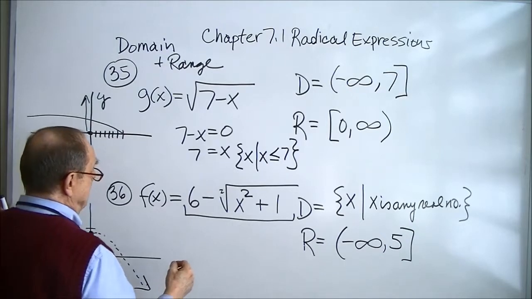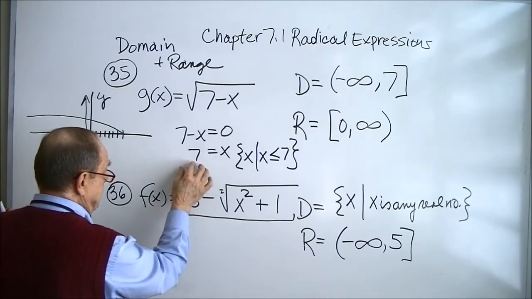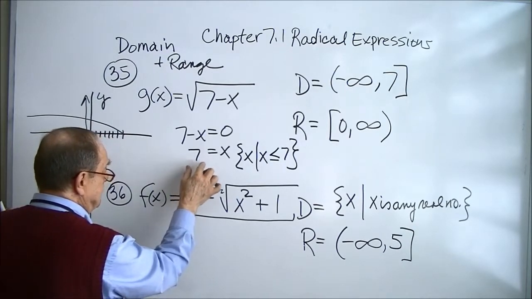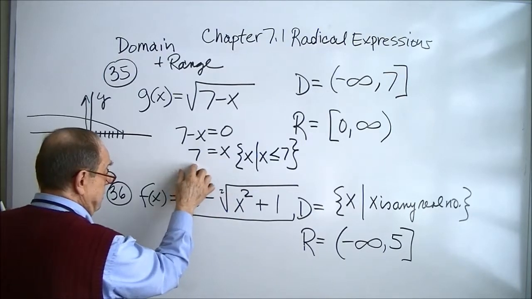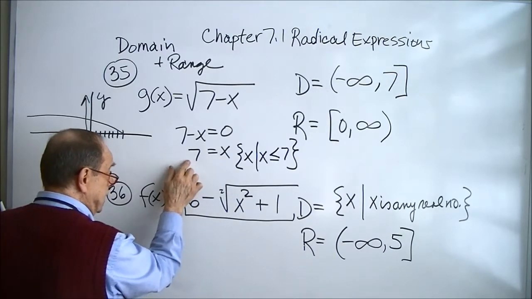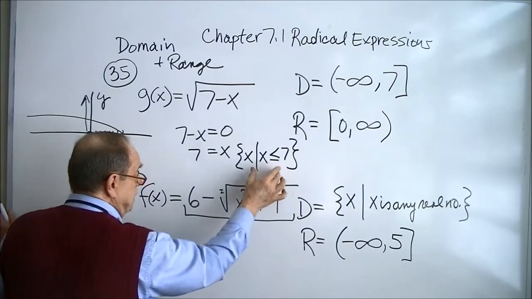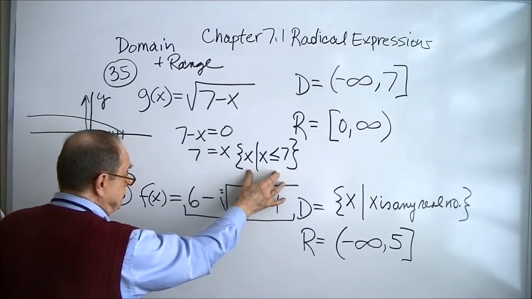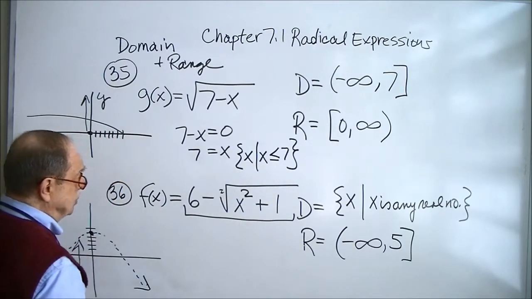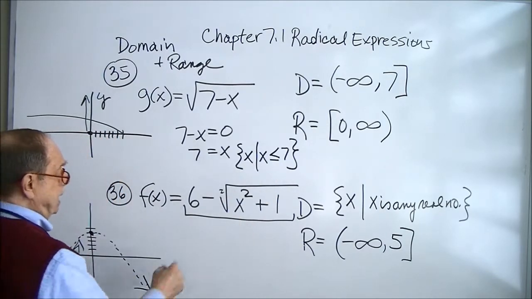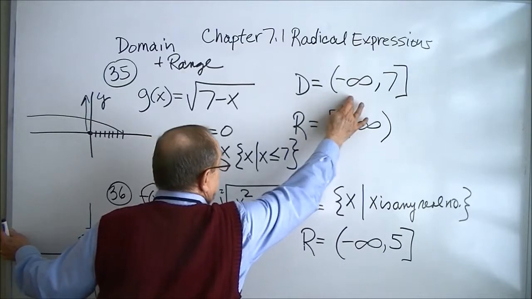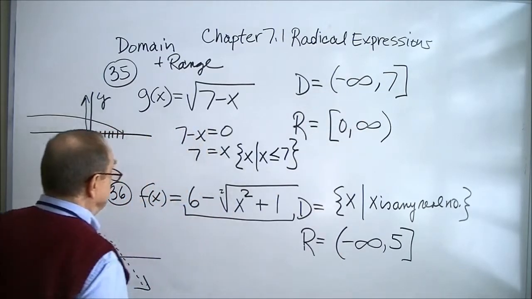So what we have to have here is values for x that are not greater than 7, but less than or equal to 7. So there is set builder notation, and that's the proper way to write it. And our domain in interval notation will be like this.